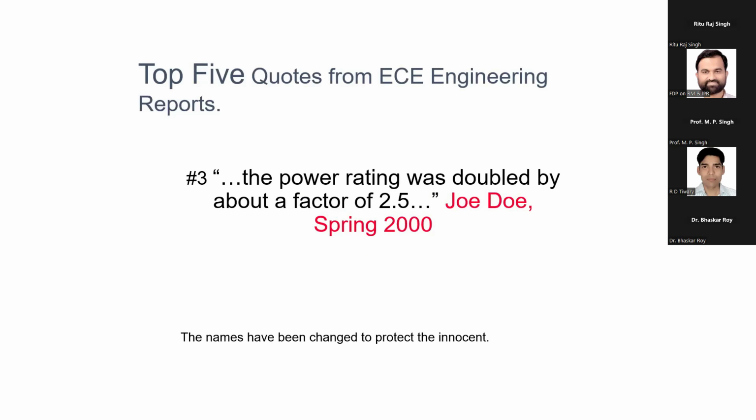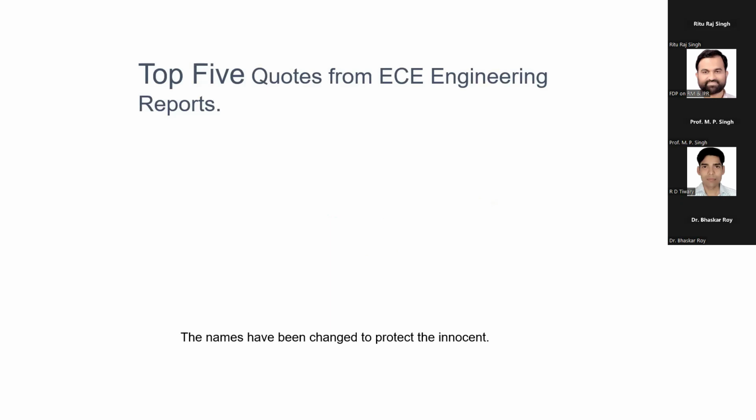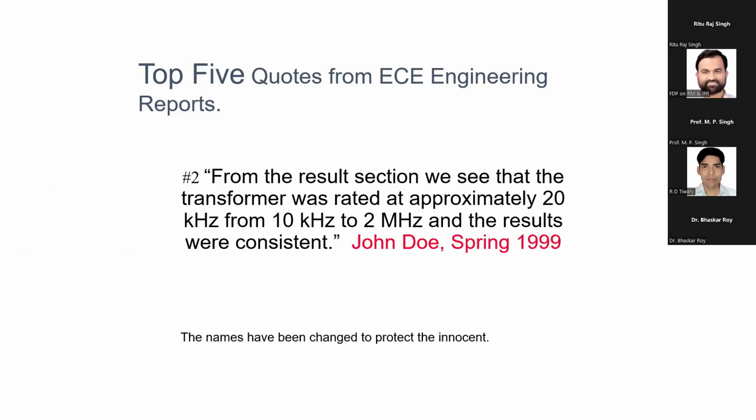Once you write the first draft of your paper, and while doing the second revision, you will also see such statements. It's natural. See another statement from the results section: we see that the transformer was rated at approximately 20 kilohertz from 10 kilohertz to 2 megahertz, and the results were consistent. Can you understand this statement?